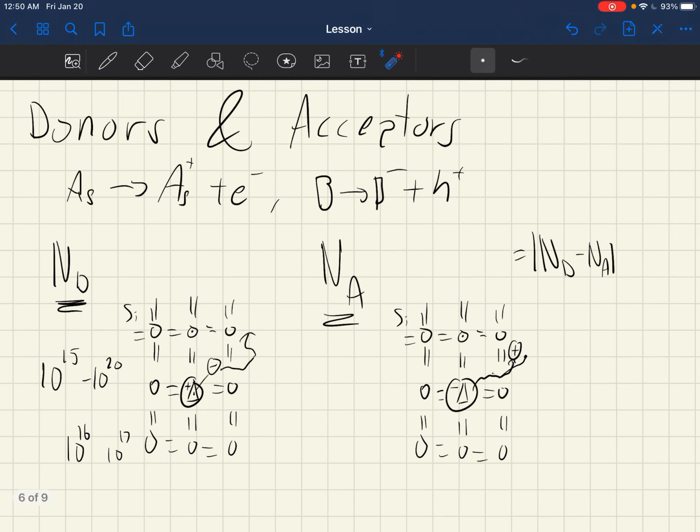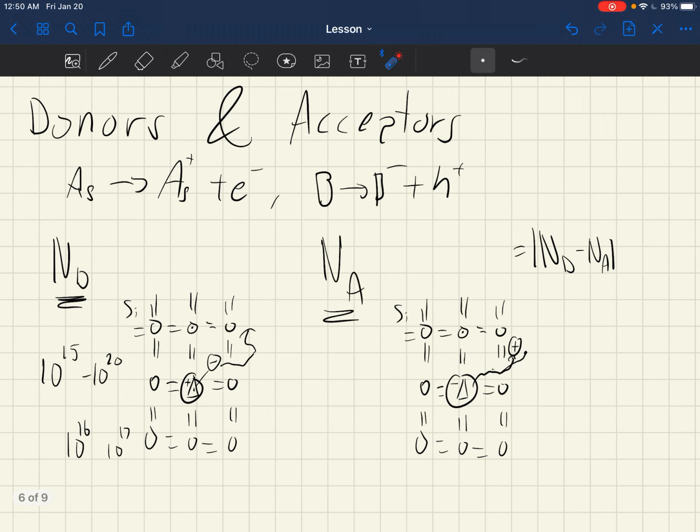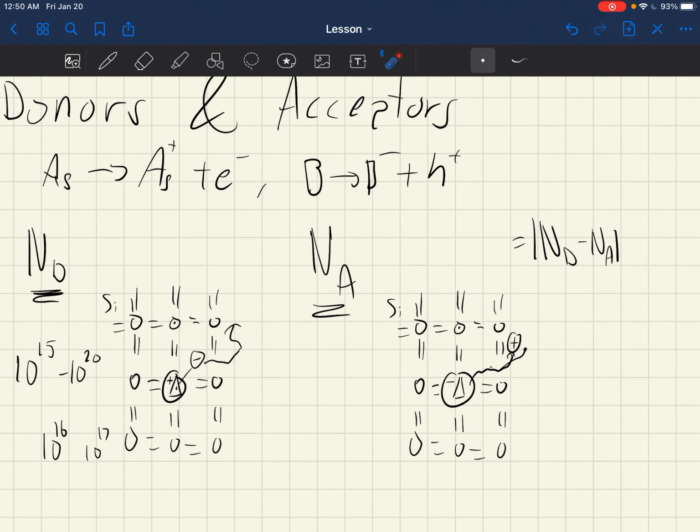Same thing with, well, I guess the opposite thing with acceptors. Say, for example, boron. It'll have a negative charge held in place, and it'll have a free hole that can move around. And there will be an Na and an Nd, because these are the concentrations of acceptors and donors in a semiconductor.